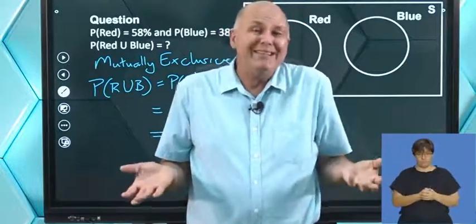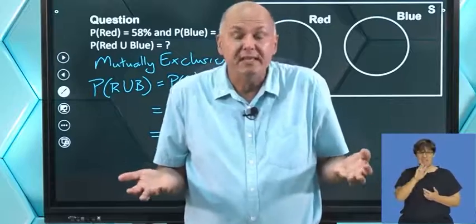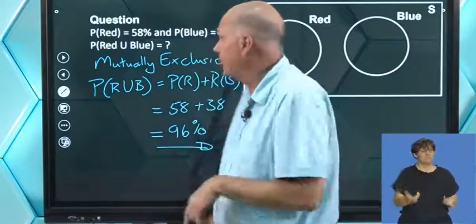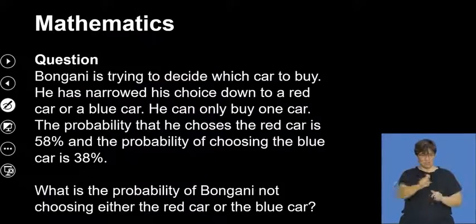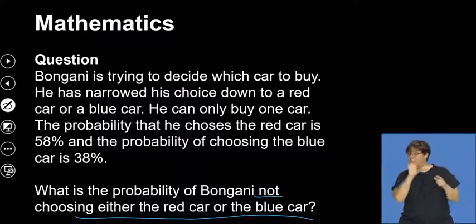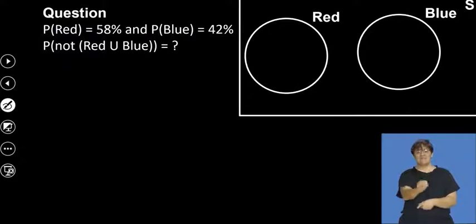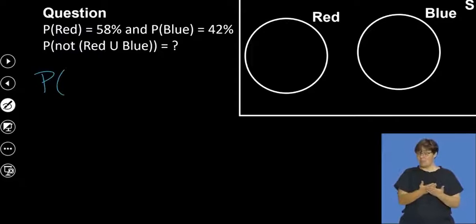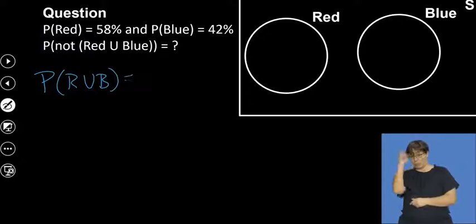Well, what do you think that difference of 4% can be? Well, let's have a look at our next question. And here is the next question. It says, what is the probability of not choosing either the red car or the blue car? We recognize we've almost got the answer, and we've established already that the probability of choosing red union blue was going to be 96%.